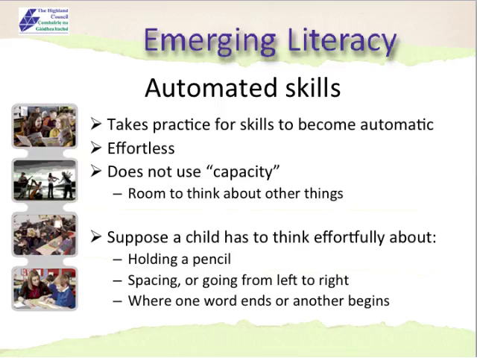So if you imagine that a child has to think effortfully about holding a pencil, spacing, going from right to left, where one word ends or another begins, that entire list of skills that you made with our easy task, you can see why they might have much less capacity left for thinking about what to say or thinking about what they're reading. So hopefully you can start to see how later attainment in primary and secondary starts to depend on how well these early skills are embedded for each child.